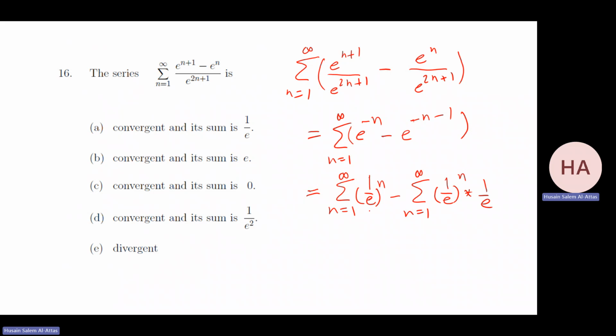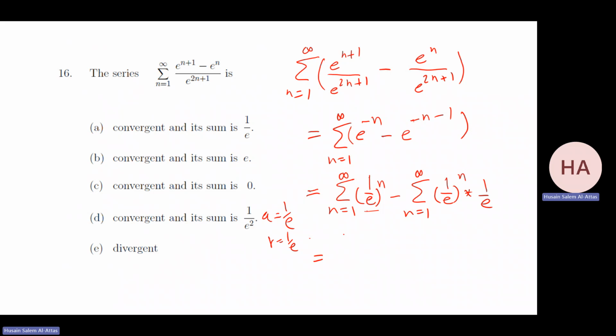If you want to write it in the format, I have the summation from 1 to infinity. A is 1 over e, A is the starting point, and the r is 1 over e.